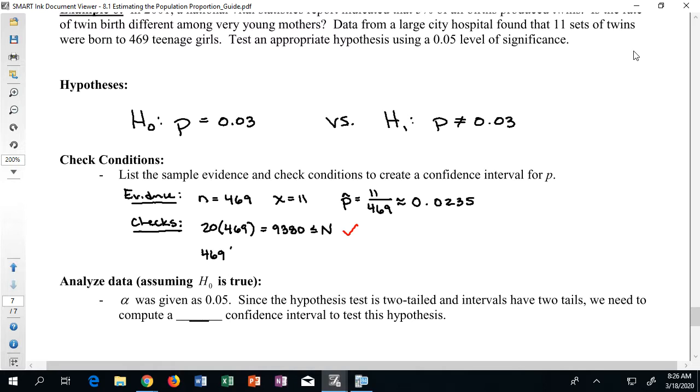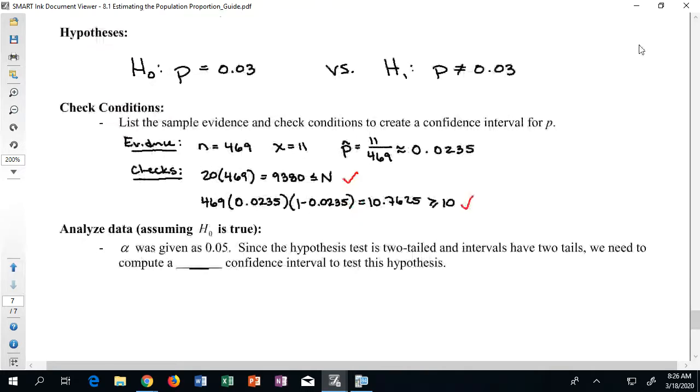Then my second check, I'm again going to be using my value of p hat in this calculation. If I crunch this all the way out, I get a number like 10.7625. And of course, that is indeed bigger than 10. So I know it's safe to build a confidence interval.